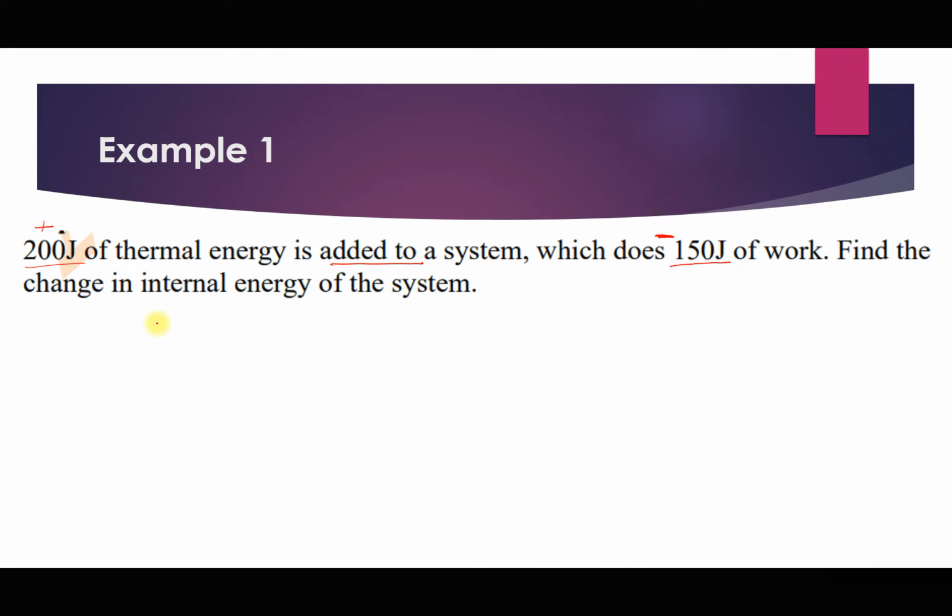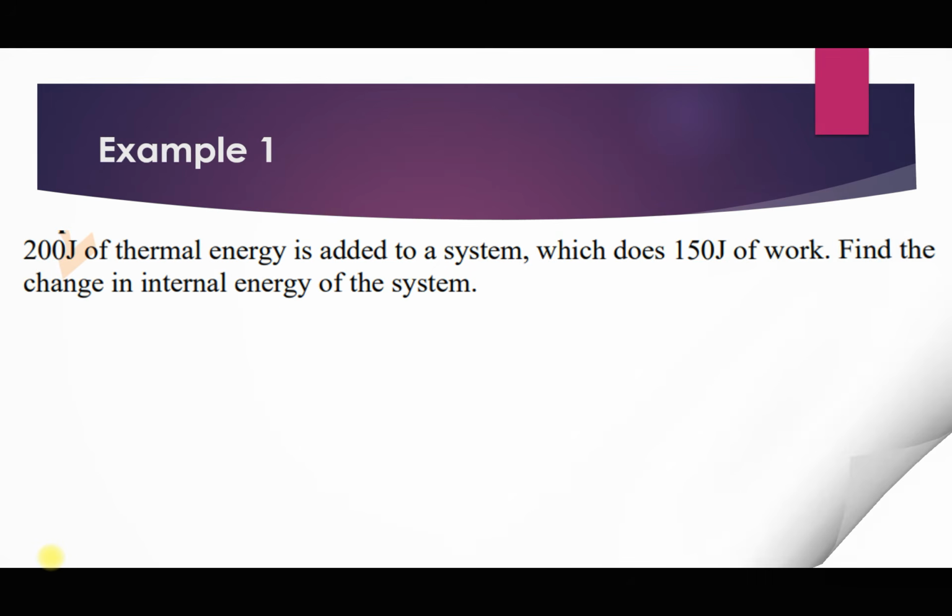By the first law of thermodynamics, the change in internal energy is equal to Q plus W. So the change in internal energy is going to be Q, which is positive 200, plus W, which is negative 150. That means the change in internal energy is going to be positive 50 joules. Of course, the direction of this change in internal energy is an increase, because it is positive.